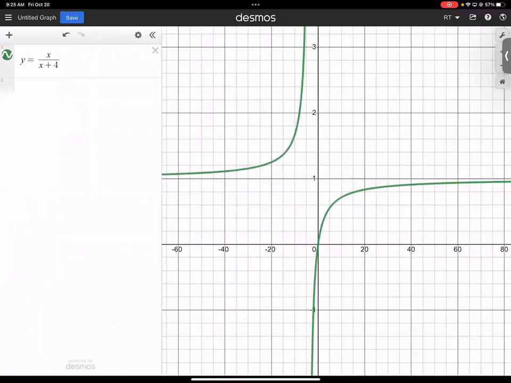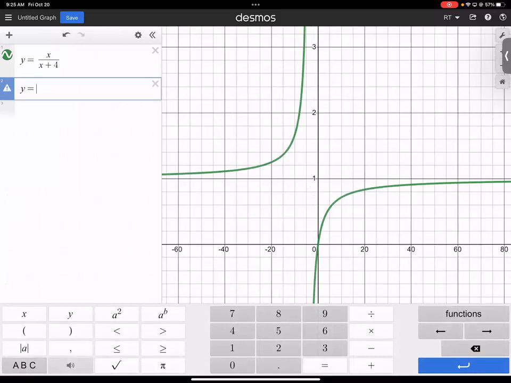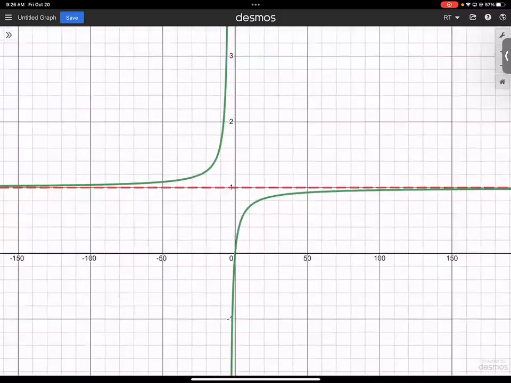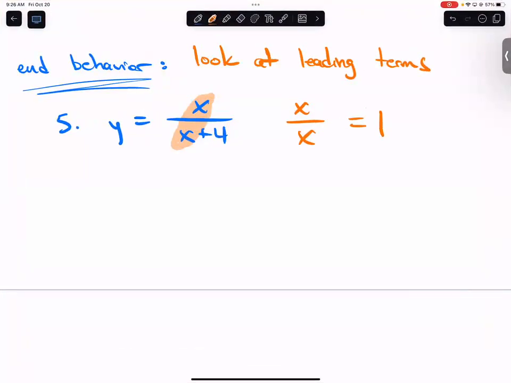Let's graph y equals 1 to have a better little guide there. Everybody buy that that appears to be the horizontal asymptote? Okay, where else have we seen 1 show up with this function? When we divide x by x. Right there. So what we're doing basically is simplifying stuff down enough that I can see and analyze what's going to happen when x is 100 bajillion without all of the noise getting in the way.